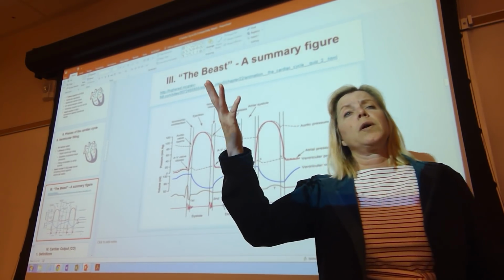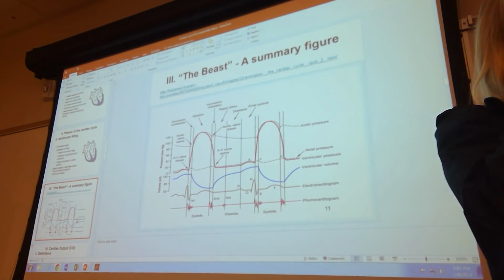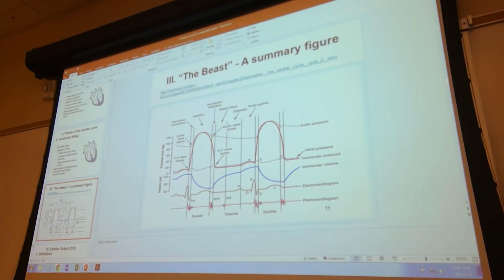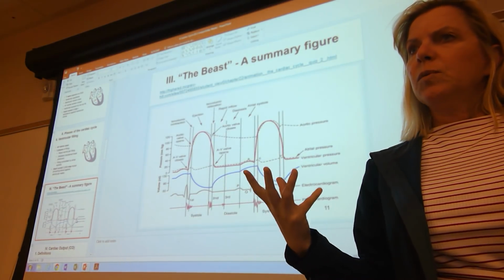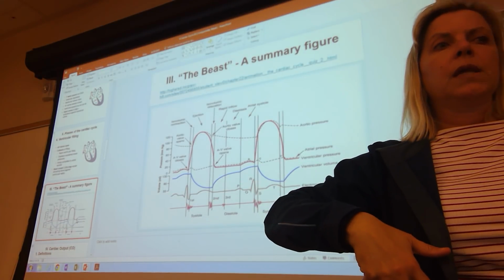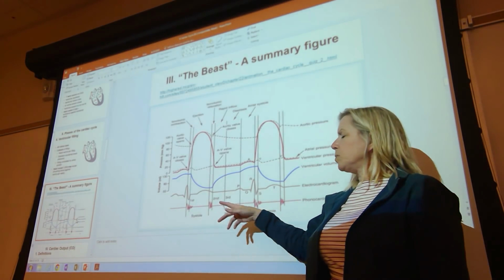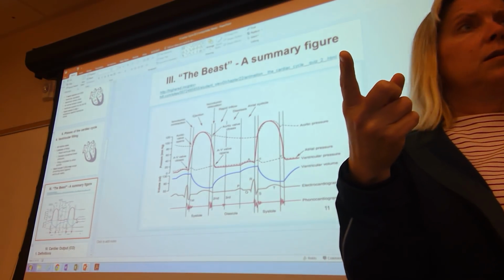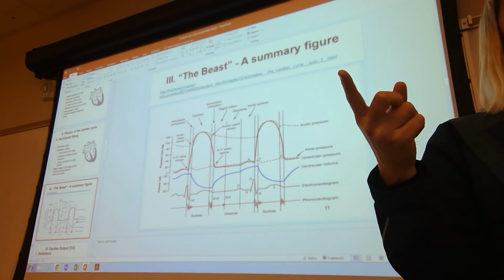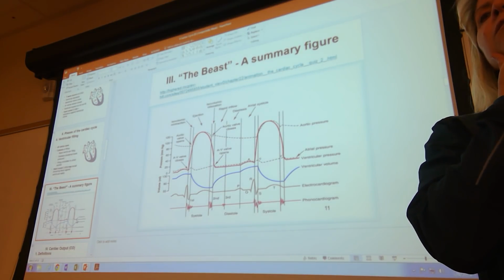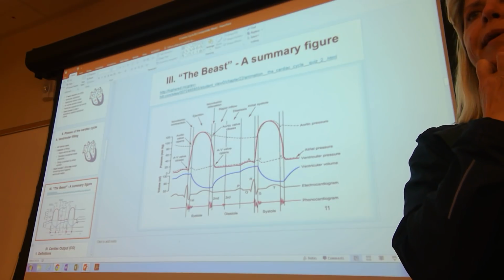And you learned that pressure and volume were inversely related. If pressure went up in the ventricle, it was because the blood was being pushed out. So volume went down. And then you learned that if there was blood flow that was turbulent, what did we hear? Heart sounds, didn't we? And we also talked about when valves were opened and closed.